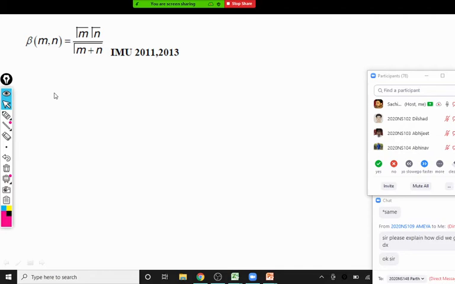Actually, this proof is not so difficult, but it is tricky. You should know where to start. We are going to start the proof from this RHS, from this gamma m into gamma n.